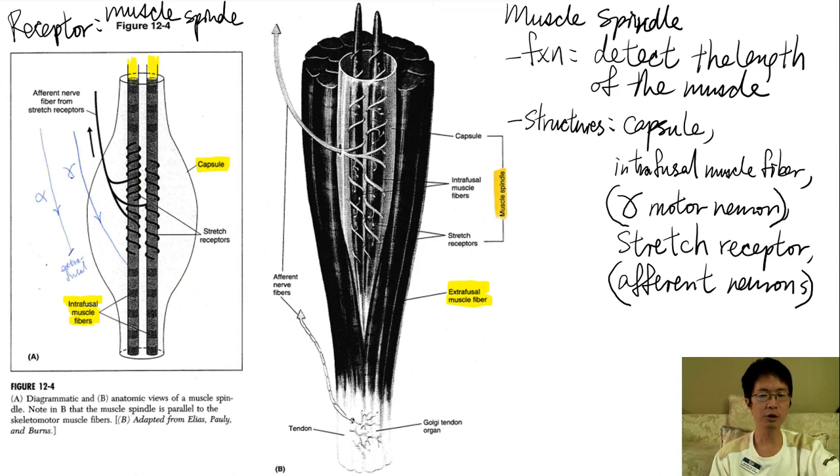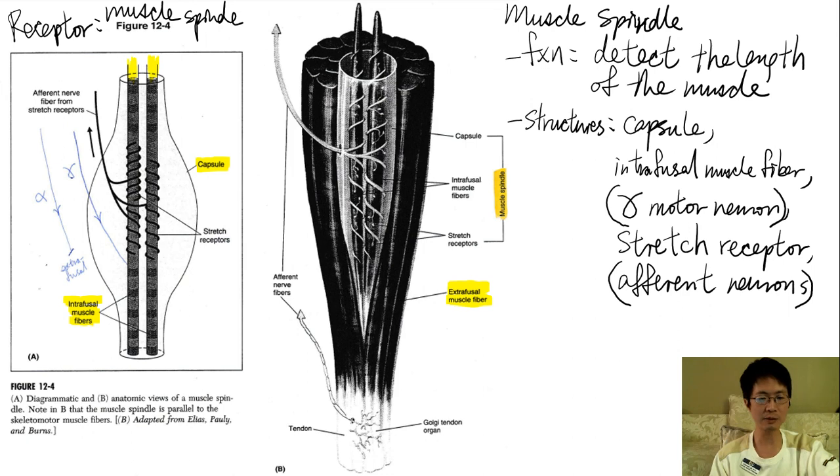So where is the location of this muscle spindle? The muscle spindle is actually embedded inside the extrafusal muscle fiber. That means it is embedded inside the skeletal muscle that we memorize in the anatomy.